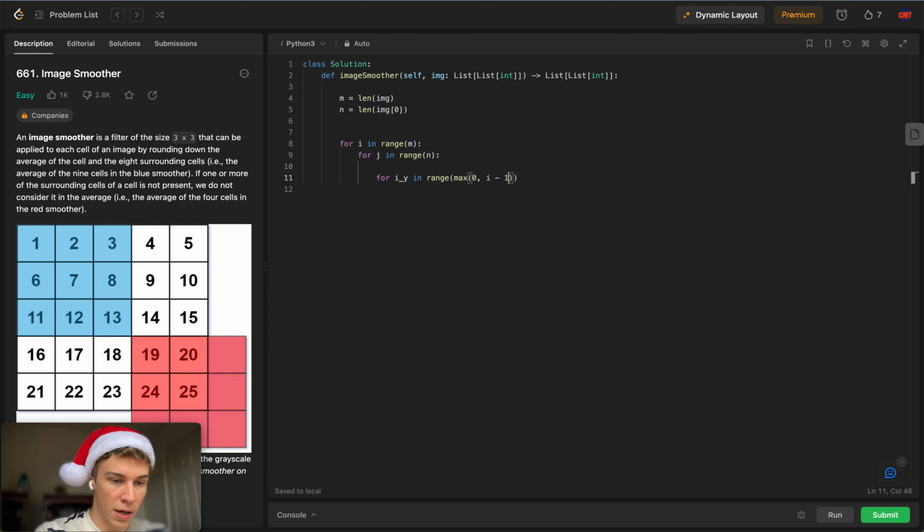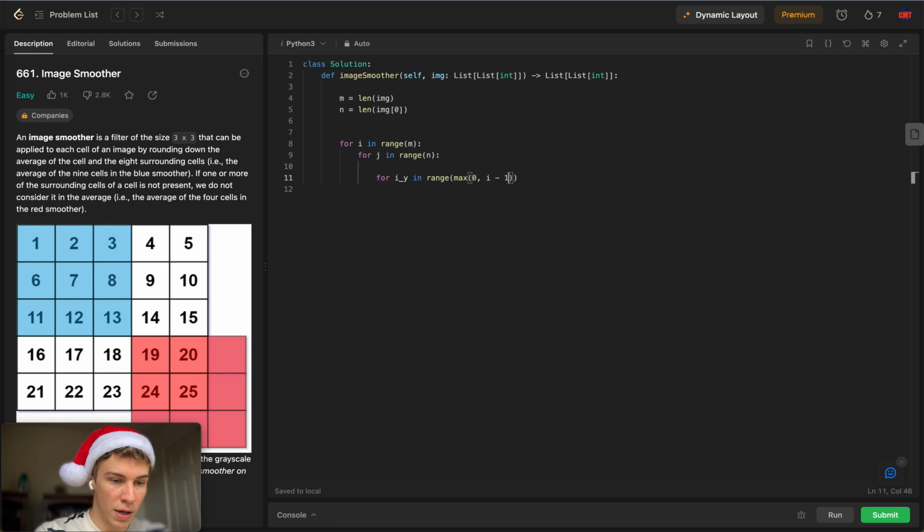Well, because when I'm standing on the edge, I could conditionally say something like if iy is less than 0, meaning that we've stepped outside of the bounds, I can say continue, right? But an easier way to do this is just to have this logic within the range itself.